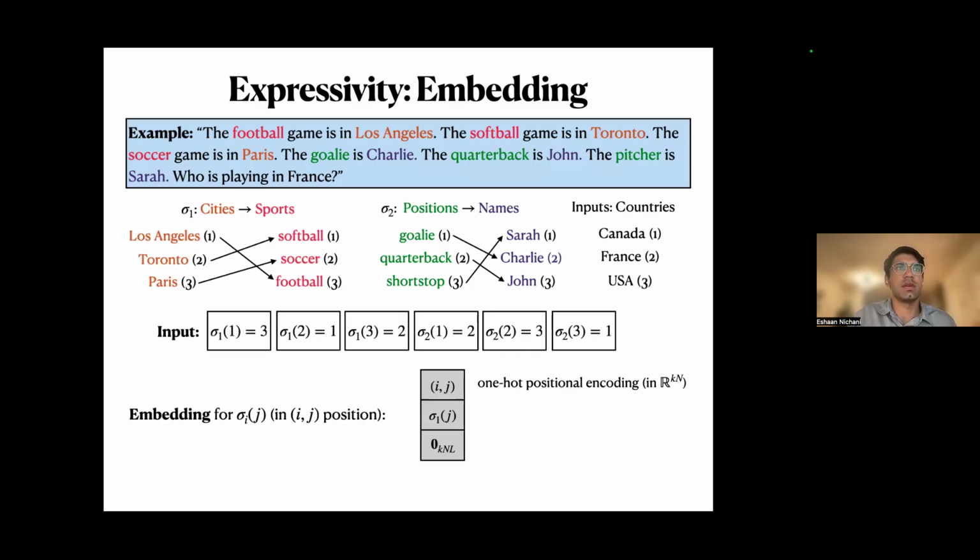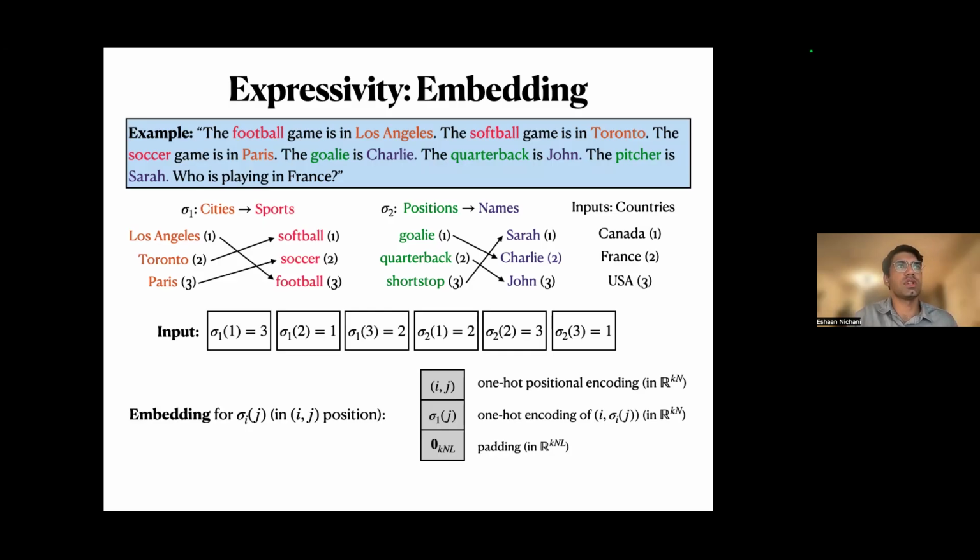The next k times n dimensions will be a one-hot encoding of the output of the permutation, sigma i of j. This is also in kn dimensions. Finally, the rest of the embedding is padded with zeros, and this will be used for the computation in later layers.